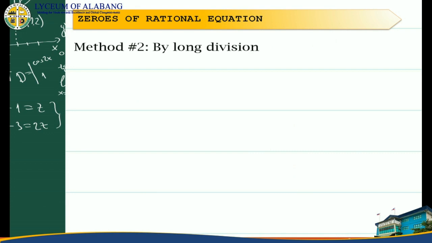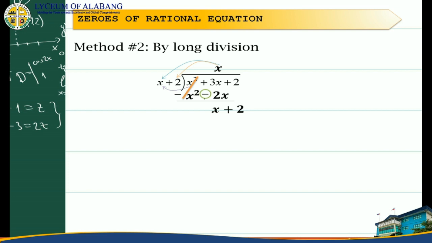Next, method 2, using the long division method, is another way to find the zeros of the rational equation. For example, x plus 2 divide x squared plus 3x plus 2. First, x squared divide x is equal to x. X times x is equal to x squared. X times 2 is equal to 2x. X squared minus x squared cancel. 3x minus 2x is equal to x.